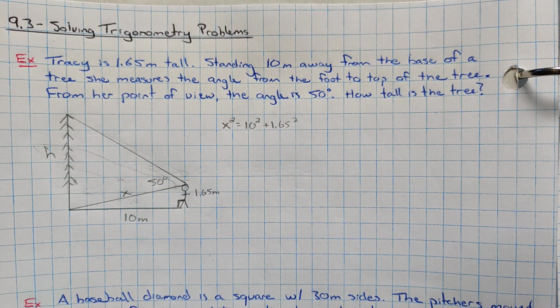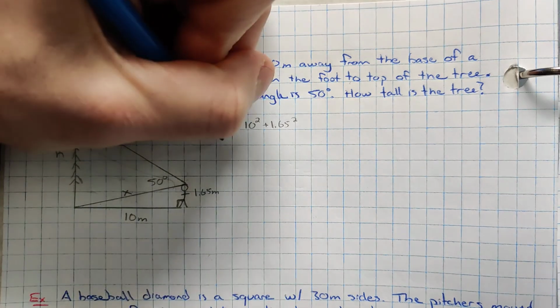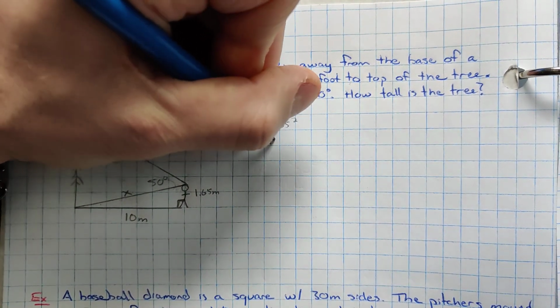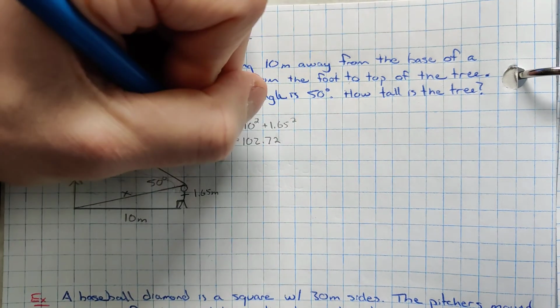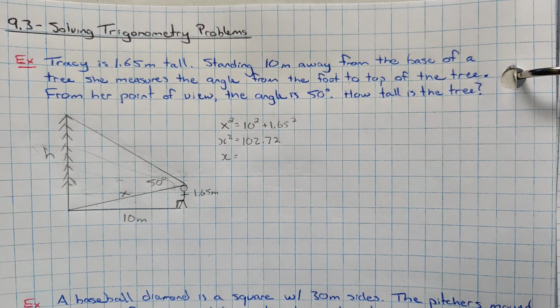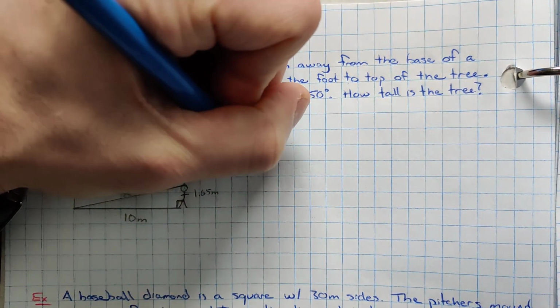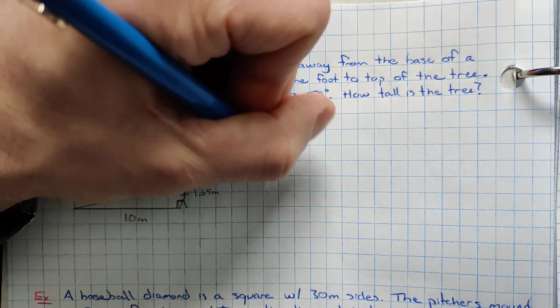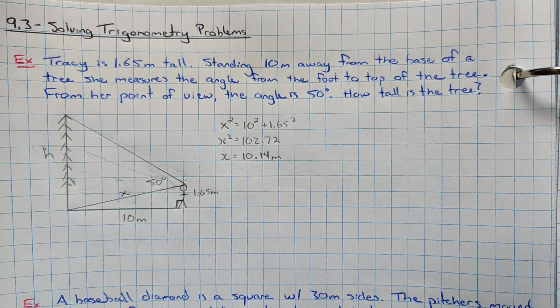So x squared is equal to 102.72 approximately, or x equals 10.14 meters. So there's our x value of 10.14 meters.